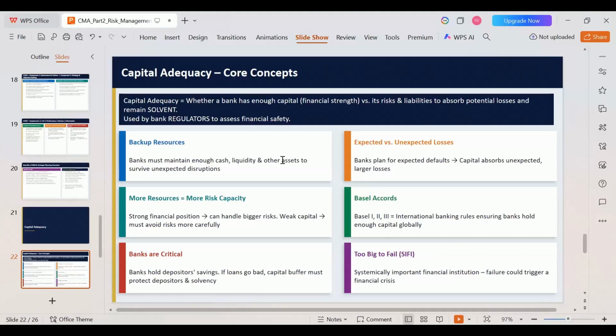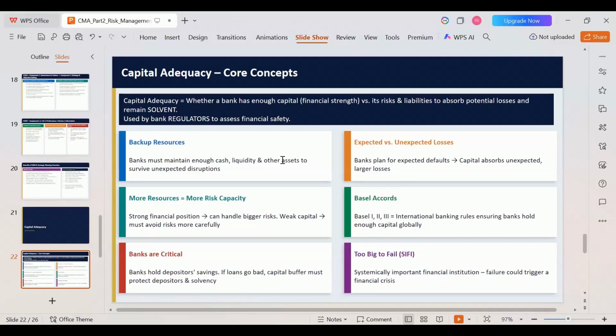Now in this capital adequacy ratio, these regulators want the bank to have its assets, its fund strength, greater than its liabilities. That is, whether a bank has enough capital versus its risks and liabilities to absorb potential losses and remain solvent.